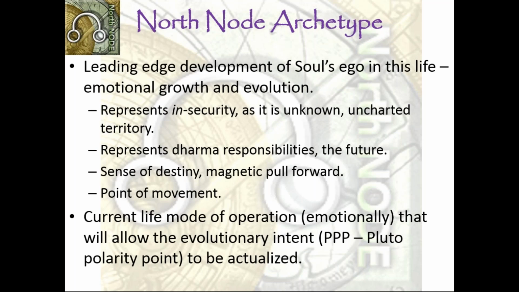Now, the North Node is the leading edge of the soul's ego in this life. It represents emotional growth and evolution. I will say, when planets are square the nodes, and I've got a slide for this but I'm just jumping into it, the North Node archetypes are all involved in the past as well.